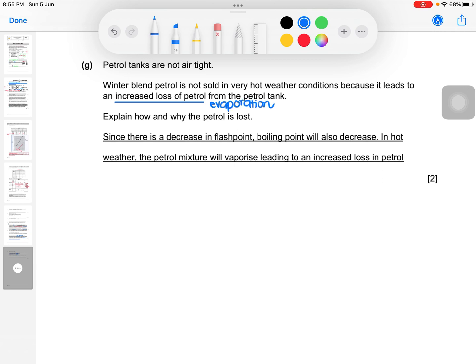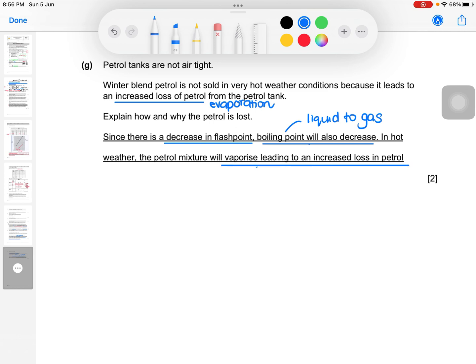When you have a decrease in flash point, boiling point will also decrease, so the petrol is able to evaporate, leading to increased loss of petrol. At high temperature, if there is a decrease in flash point, boiling point will decrease. Boiling point is the change from liquid to gas, so with the increase in temperature, it will vaporize easily.